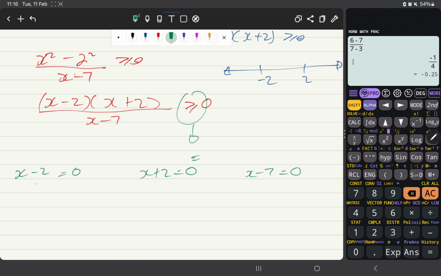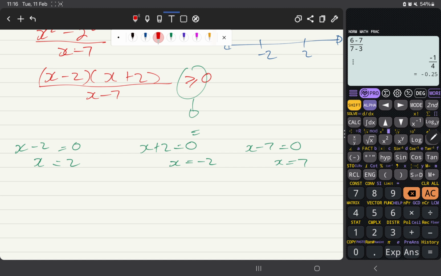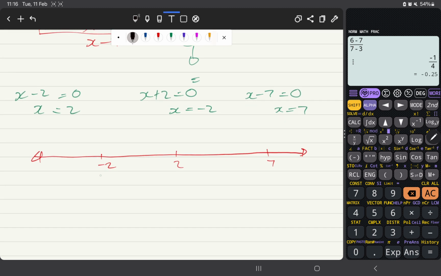Now from here you have x equals 2, x equals minus 2, x equals 7. So now on your number line, you're going to have minus 2, 2, and 7. So what does that mean in terms of your regions? You will have 4 regions of interest.